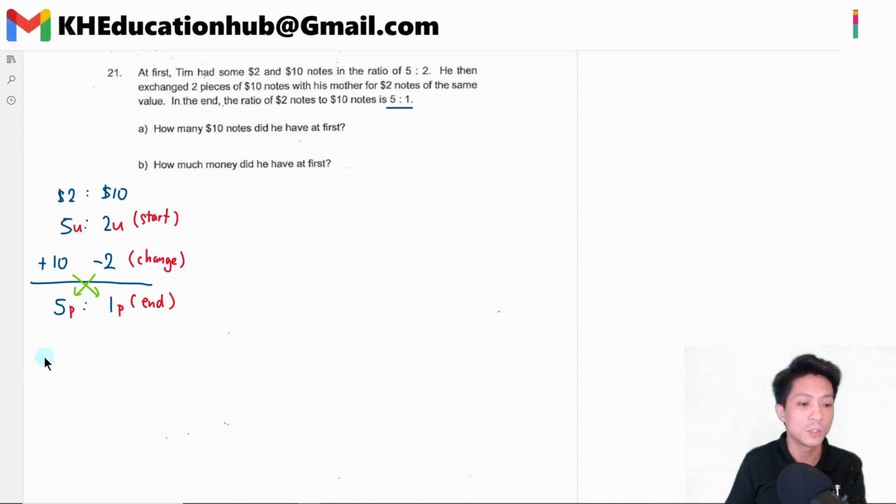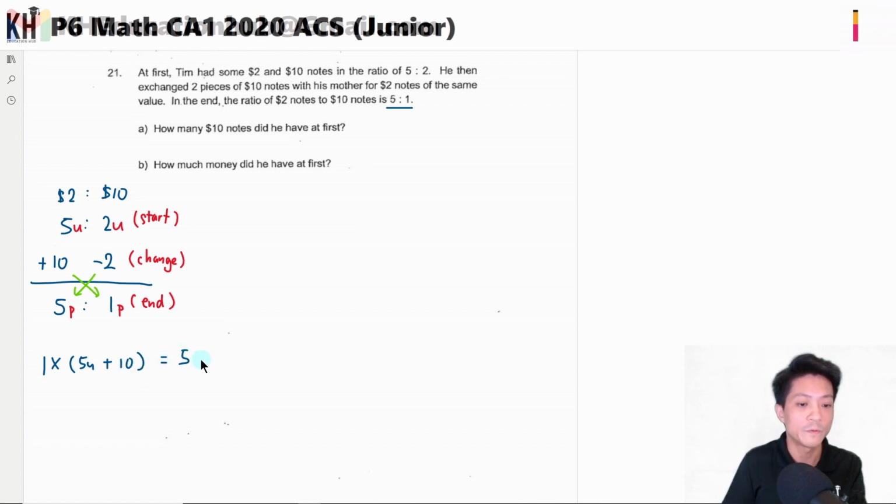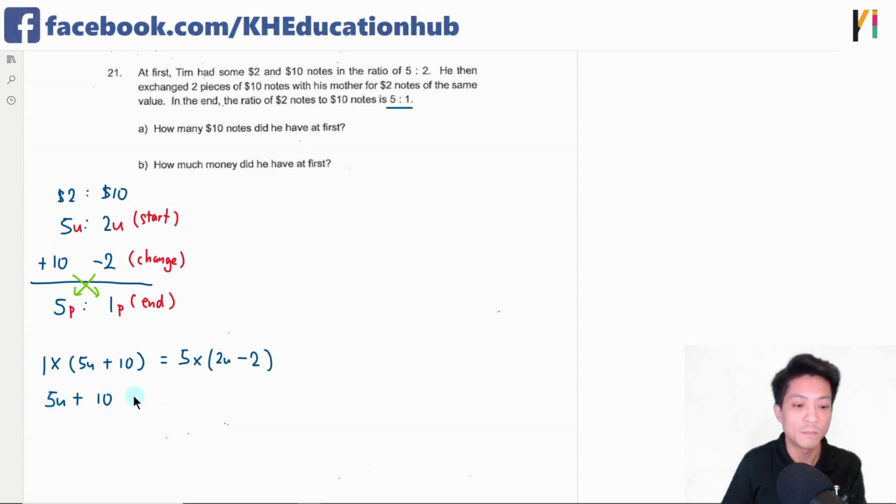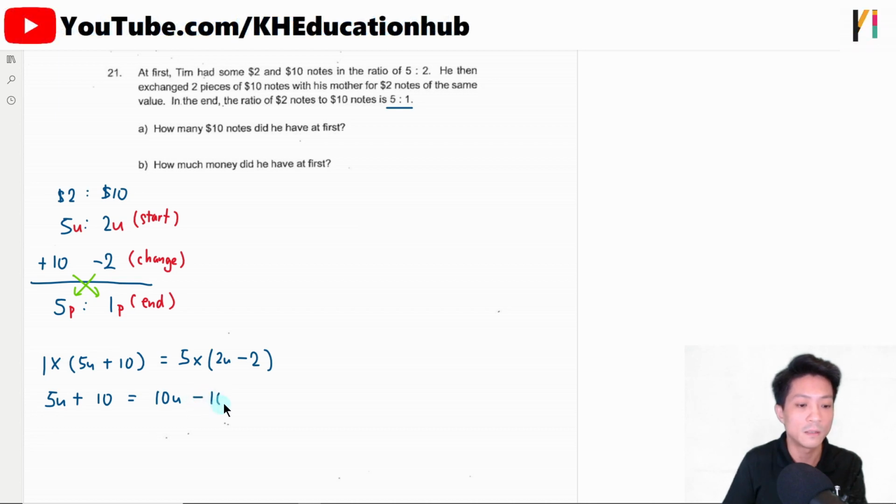I'm going to write down 1 times 5 units plus 10. That will be equal to 5 times 2 units minus 2. There's no change to the 5 units plus 10, but I have to multiply by 5 the 2 units minus 2. So this will become 10 units minus 10.